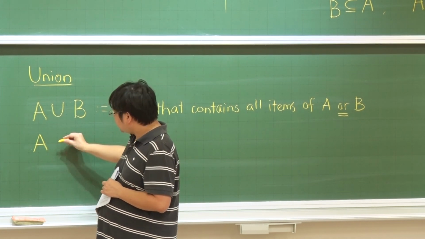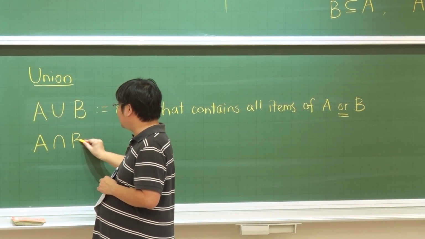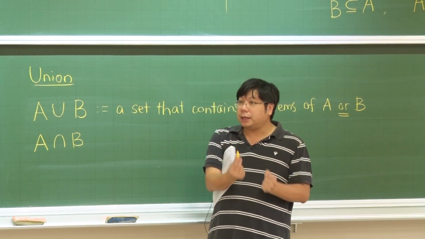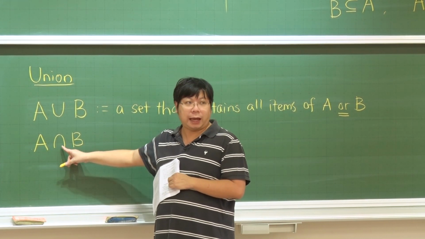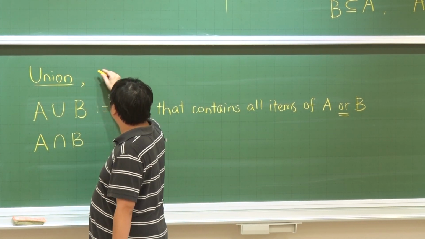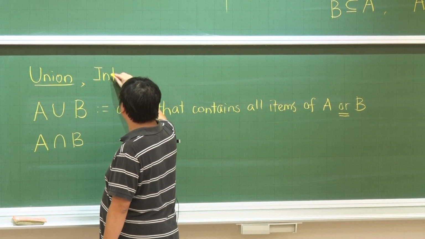And then we can define another set. Okay, so you have A, you have B. We can create a new set. I call it A and B. So this is intersect. The other operation is called the intersection operation.